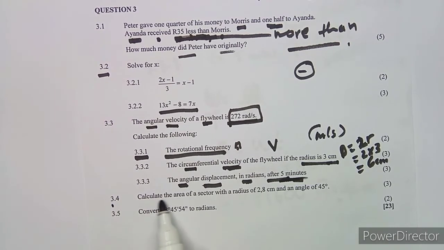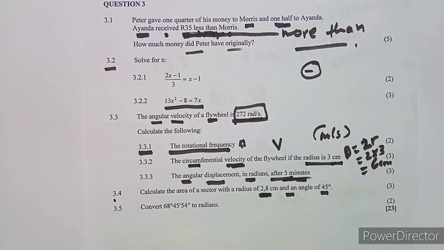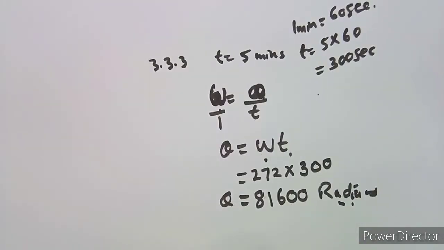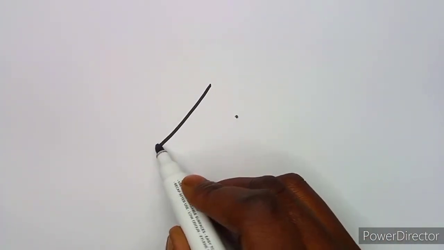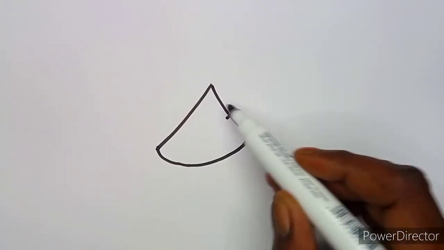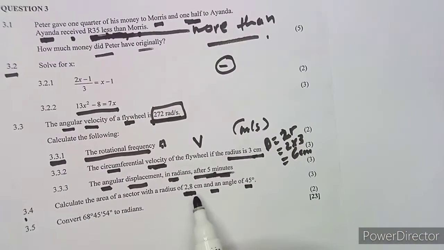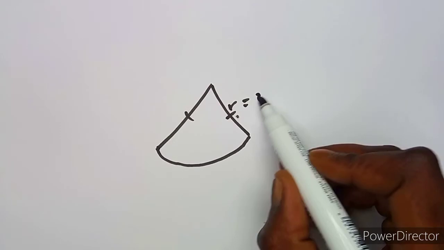Then on 3.4, calculate the area of a sector with radius 2,8 centimeters and an angle of 45 degrees. That theta is supposed to be in radians, so we just need to make our conversion there. Remember, a sector, I've got something like this, guys. That's a sector. That's your radius there, which is 2,8 centimeters.